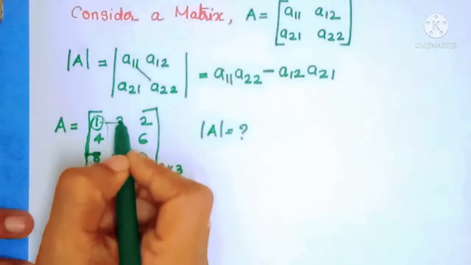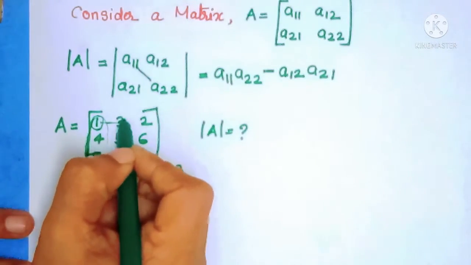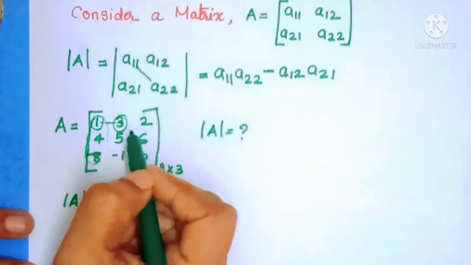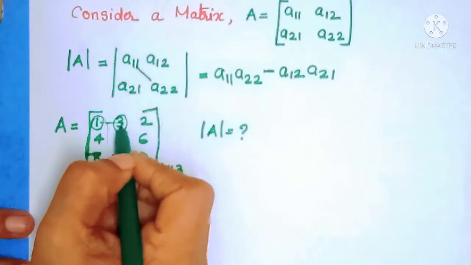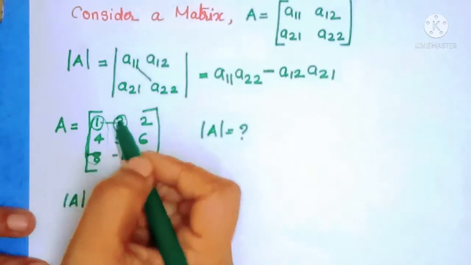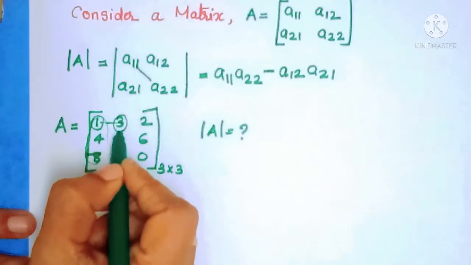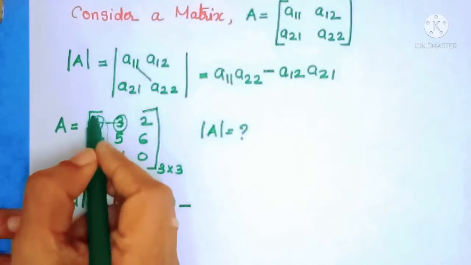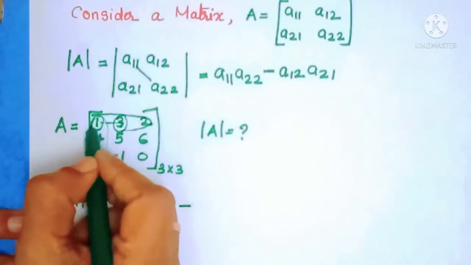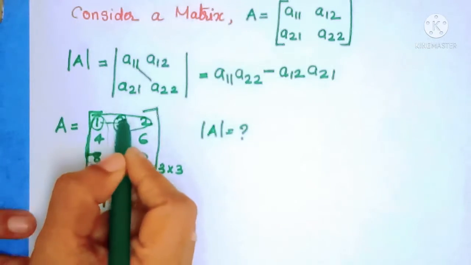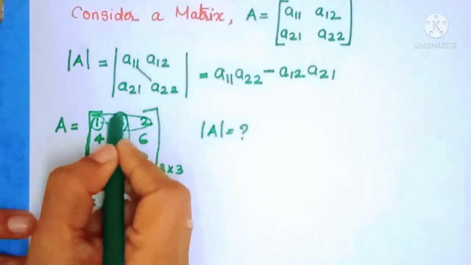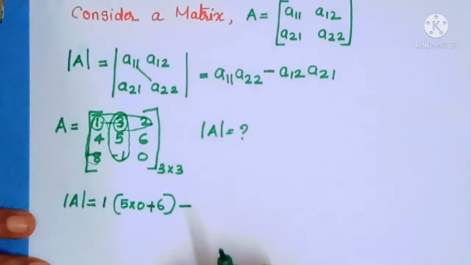Then put a minus sign. Then take the second element of the first row, that means 3. Then avoid the row including this number, that is the first row. Then avoid the column including this number, that means the second column.